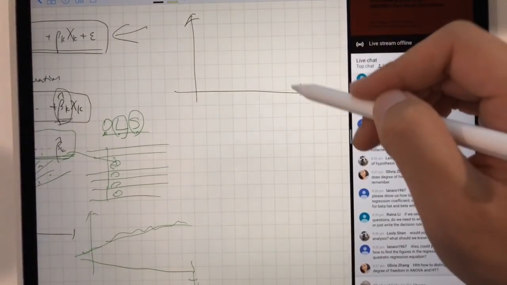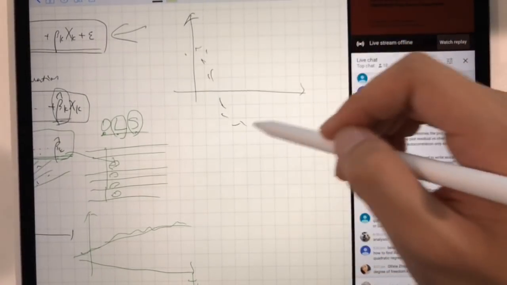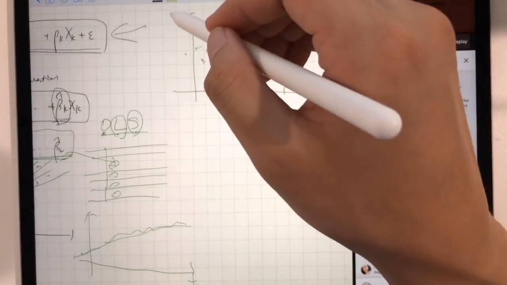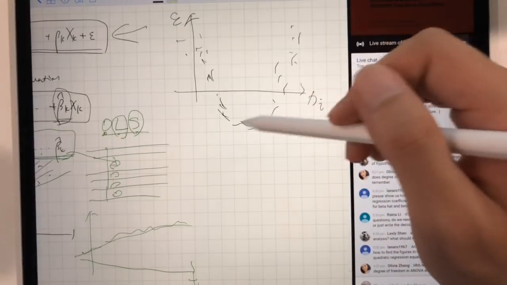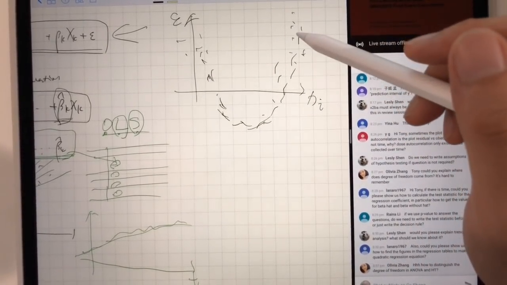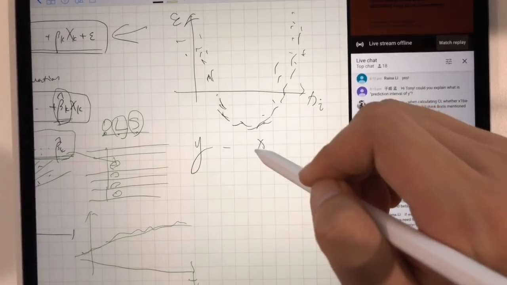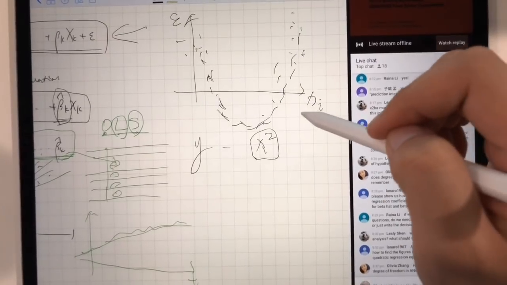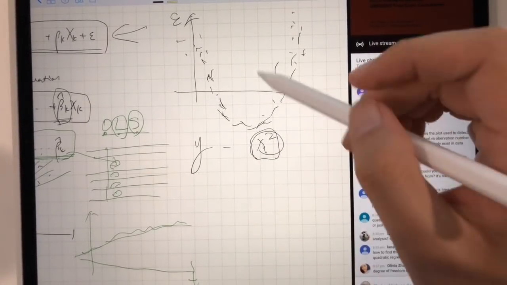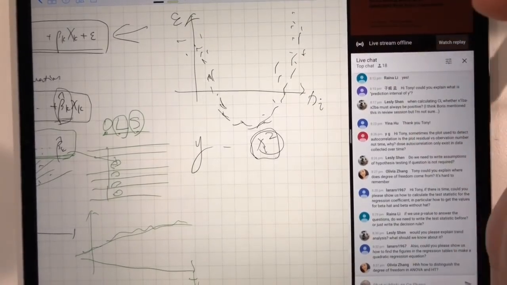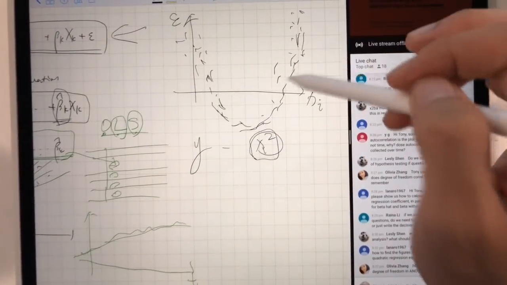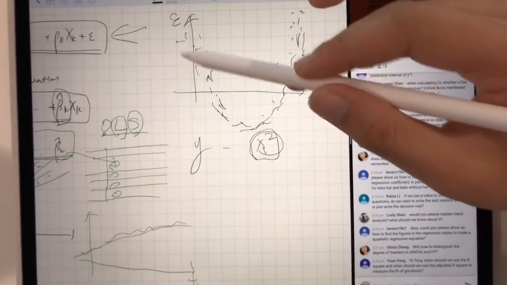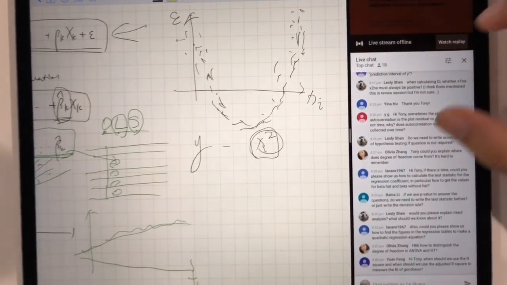If we observe a residual plot, for example, with xi on one axis and epsilon on the other, and you observe something like this, you probably need to consider whether y and xi have a quadratic relationship by adding an xi squared term in your model. So simply by figures, we cannot tell. Only by looking at the residuals can we determine whether to update our model to a quadratic one.